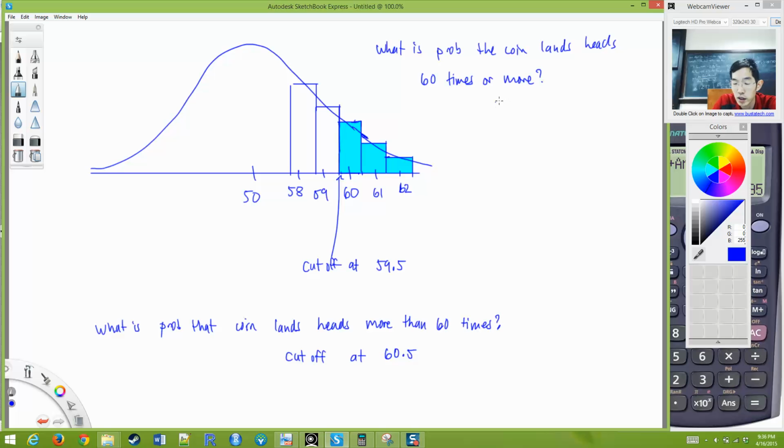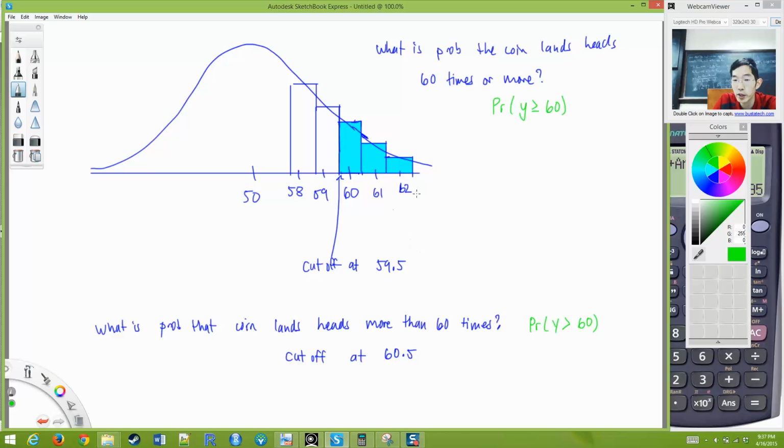So this one corresponds to the probability that y is greater than or equal to 60, and over here we've got the probability that y is greater than 60, okay? So in that case, we don't want the bar shaded for 60, and so we would draw the cutoff at 60.5.